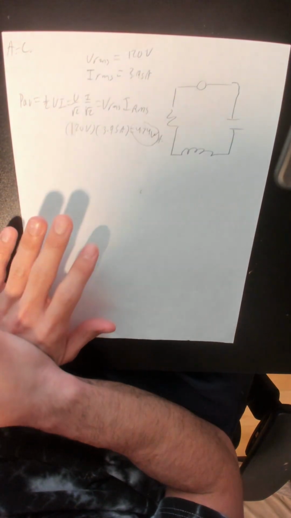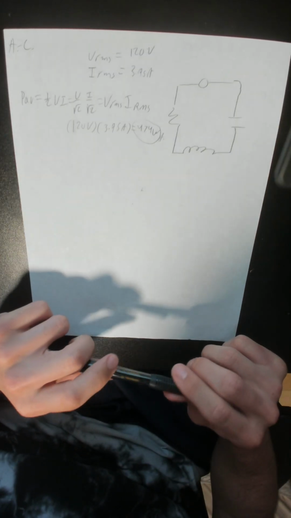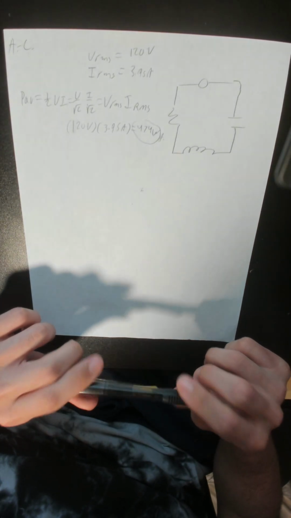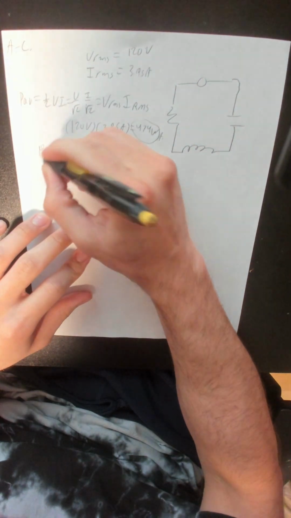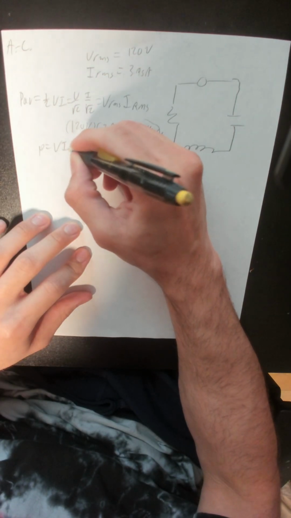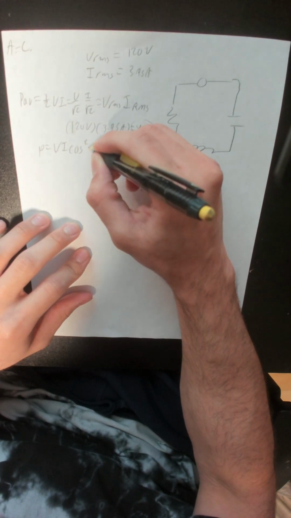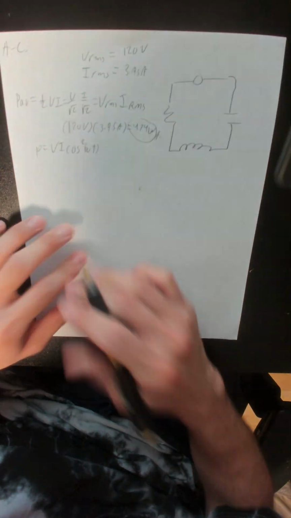Now to find the maximum instantaneous power, part B. Since it's a pure resistor, an electric toaster, voltage and current are in phase. And so P equals voltage times current times cos squared of omega t.